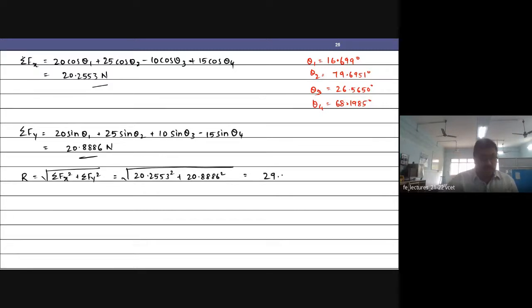Magnitude I'm getting as 29.0966 Newton in the direction which is there. Okay, so alpha equal to tan inverse sigma Fy upon sigma Fx, tan inverse of 20.8886 divided by 20.2553.